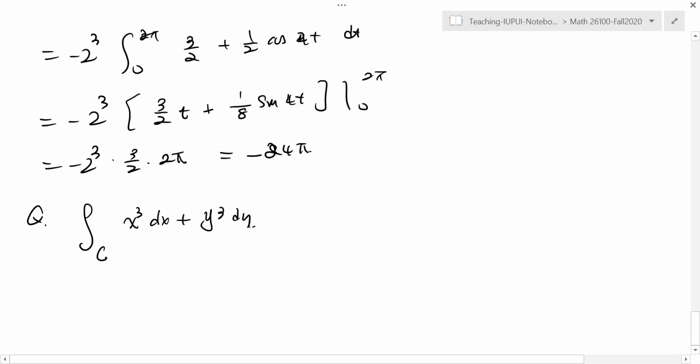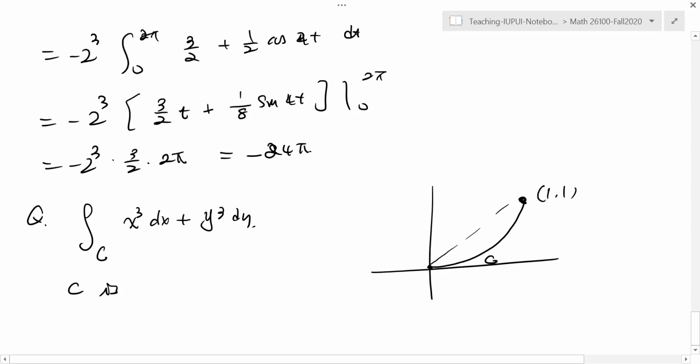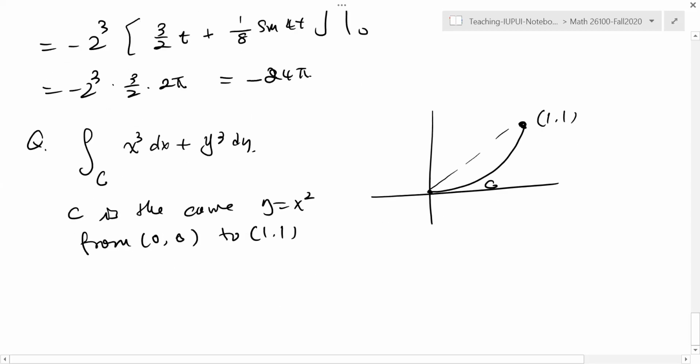The curve is a parabola, from (0,0) to (1,1). C is the curve y equals x squared from this to this. But this is not a closed curve.